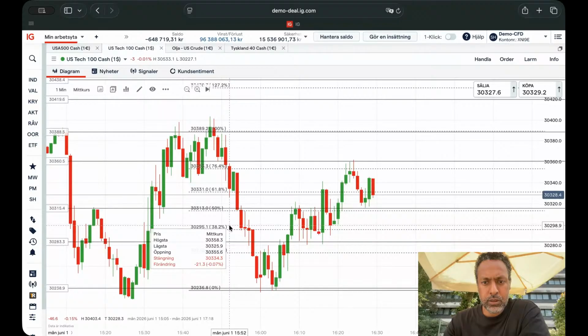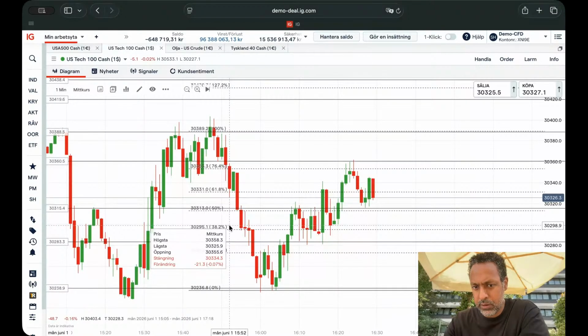So this one looks scary, because it didn't go to the top of the range, which is a bad indicator.